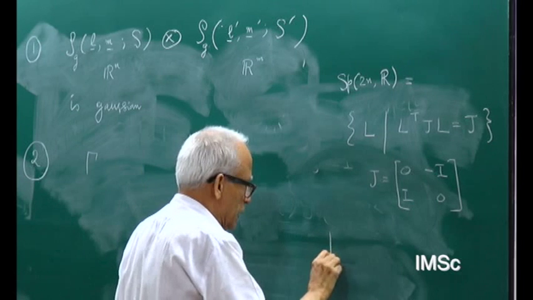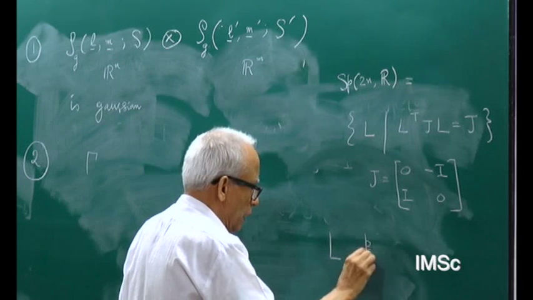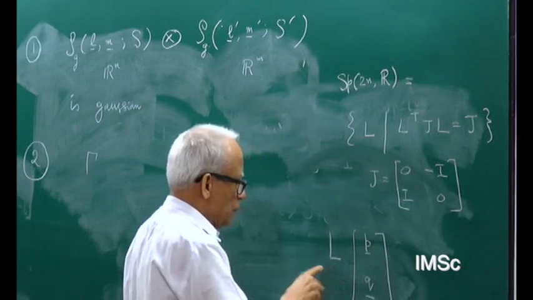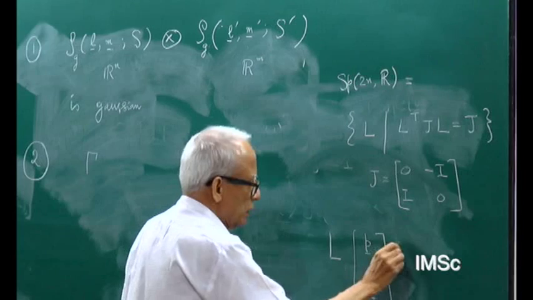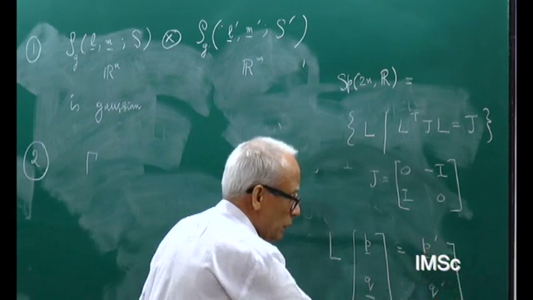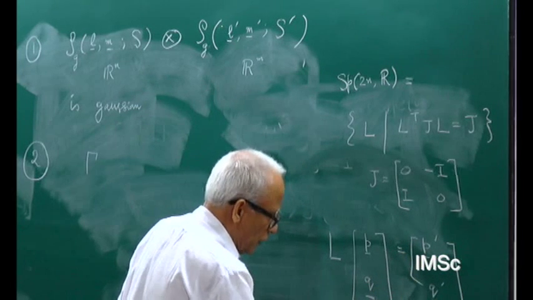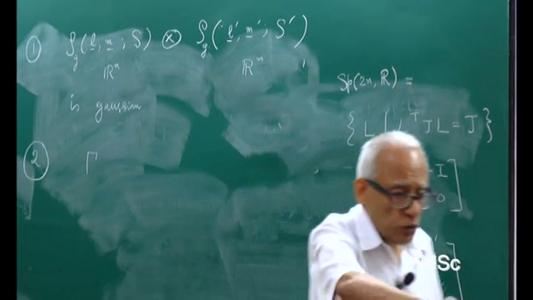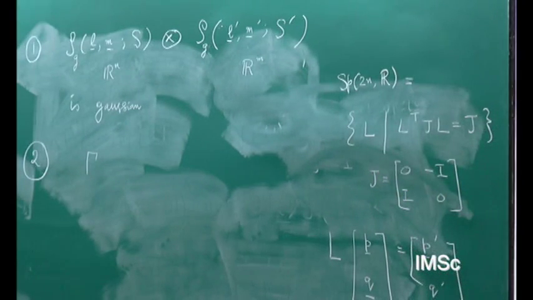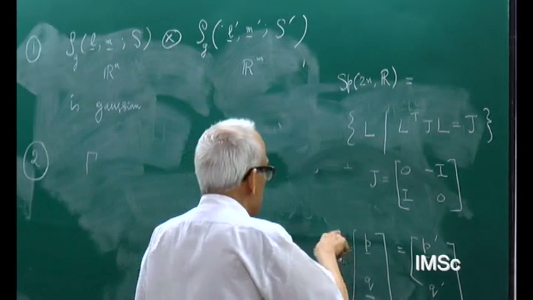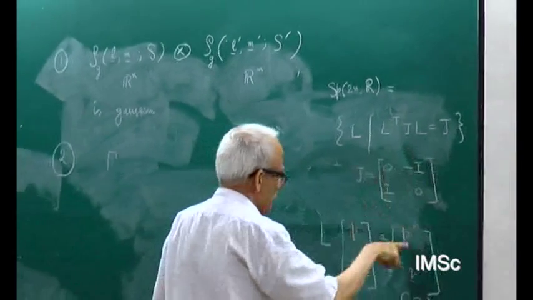If you apply this L to P and Q, L being a 2n by 2n matrix, this gives you a new set of variables, P' and Q'. If this is CCR, this is also CCR. And every linear transformation which preserves CCR is from the symplectic group. So they form the linear symmetries of the CCR.